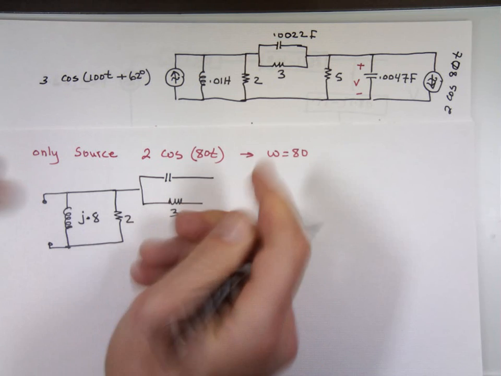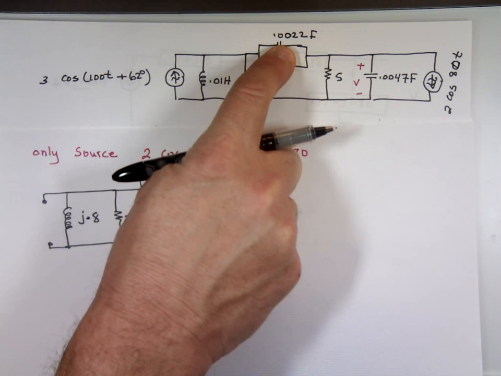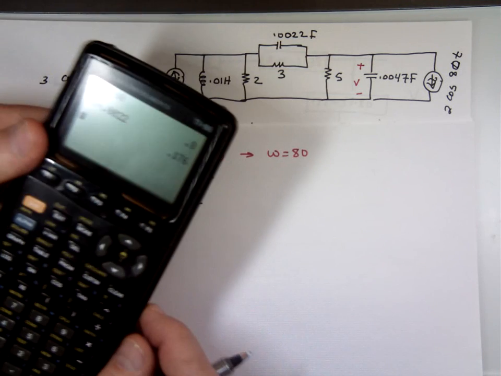Now this one, negative j over omega C. Omega is 80, C is 0.1. 80 times 0.0022, and take 1 divided by that. What is 1 over that on this calculator? 1 over x, I think x to the minus 1.